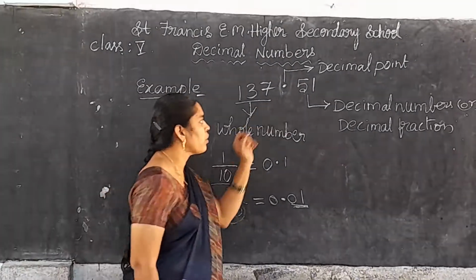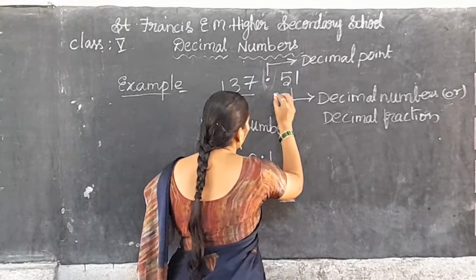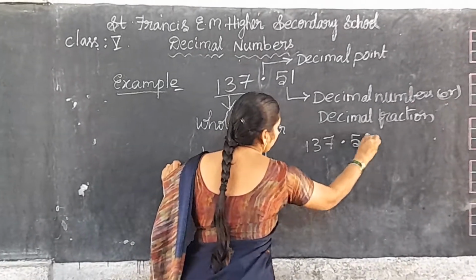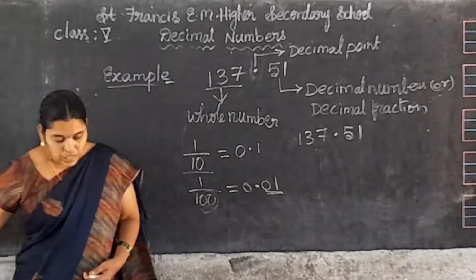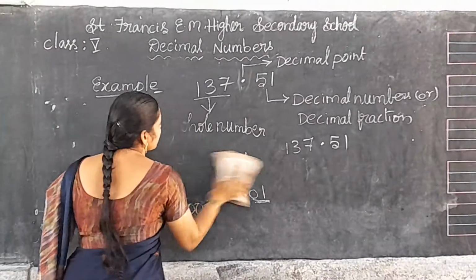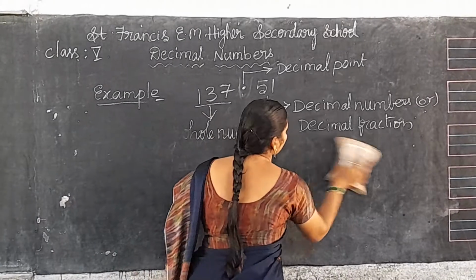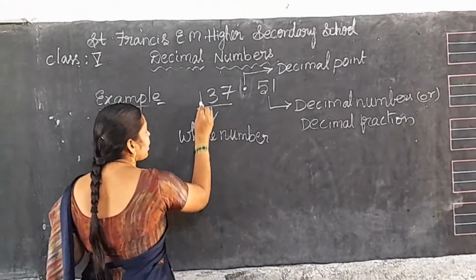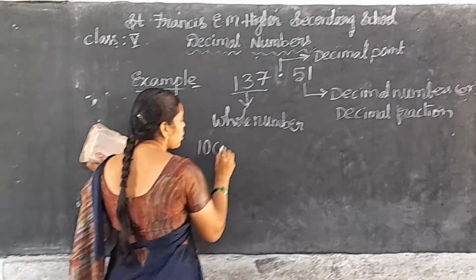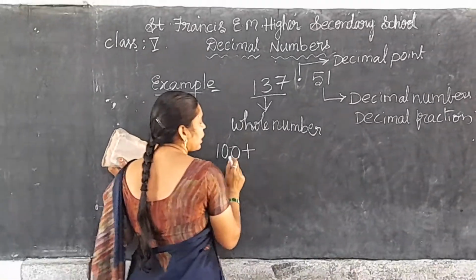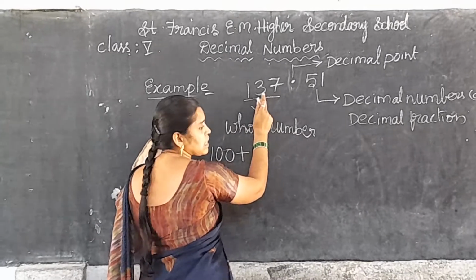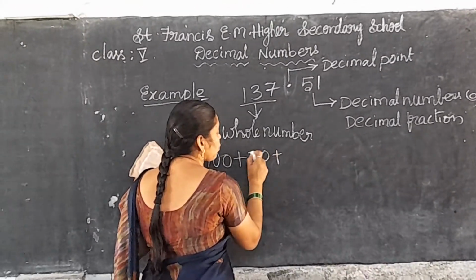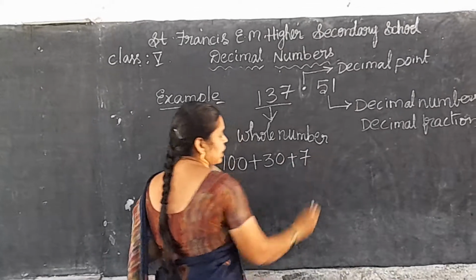See here, 137.51. It can be written as, see, this is the whole number I said, right? Whole numbers, how to write the place values, you know that. 1 is in hundreds place, so 1 into 100, plus 3 is in tens place, 3 tens are 30, plus 7 is in ones place, 7 ones are 7.